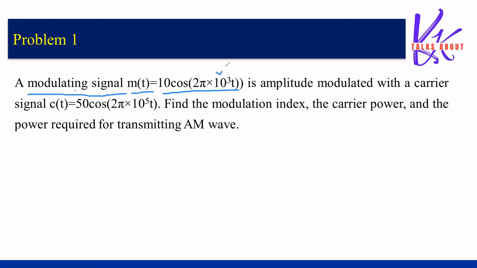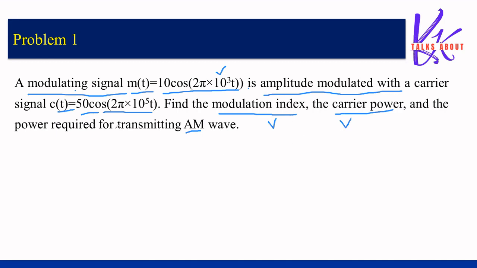This message signal is amplitude modulated with a carrier signal c of t is equal to 50 cos of 2 pi 10 power 5 t. He is asking us to find the modulation index, the carrier power utilized, and the power required for transmitting the AM wave.